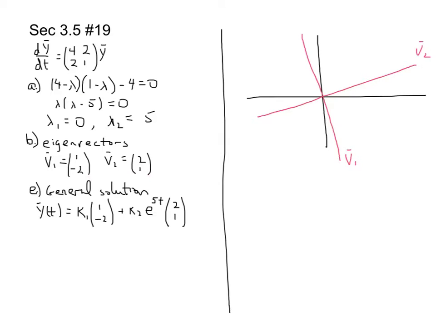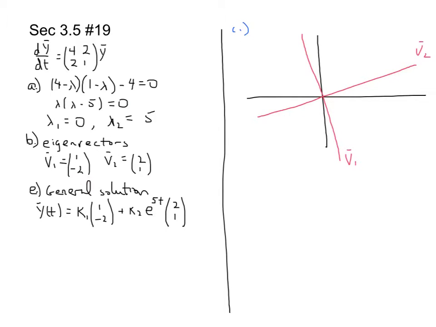In part C, we're asked to draw the phase diagram. I've already gone ahead and written the general solution, but here's our phase diagram, and here's how it's drawn. We take our two directions, our v1 direction and our v2 direction.